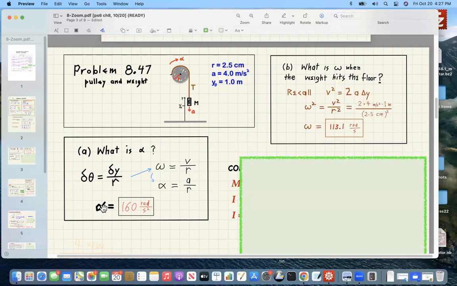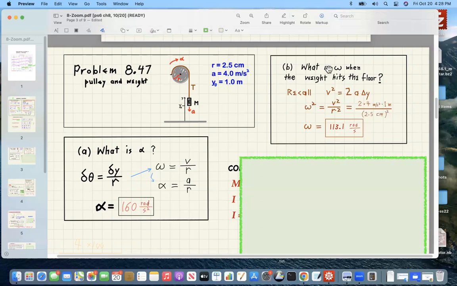So the angular acceleration is 160 radians per second squared. What's the unit? It's meters per second squared divided by meters. What's meters divided by meters? Well, that's radians. So alpha is 160 radians per second squared.